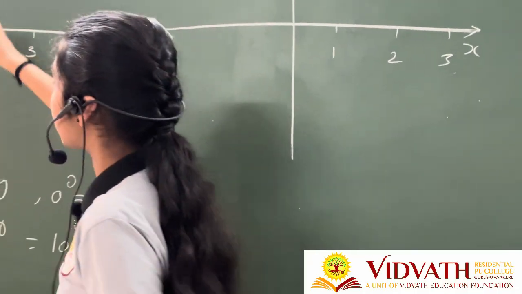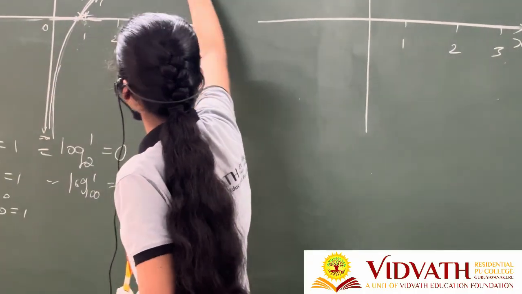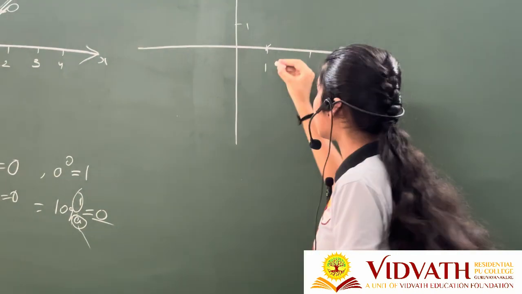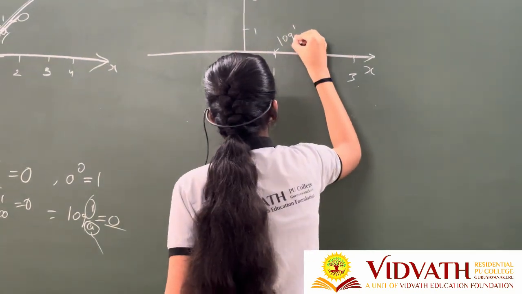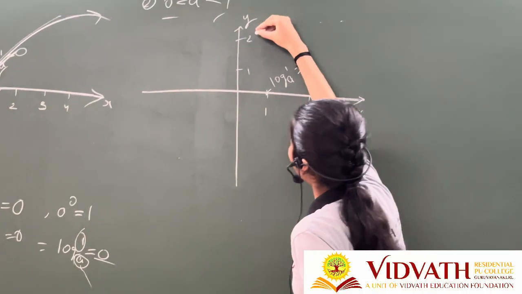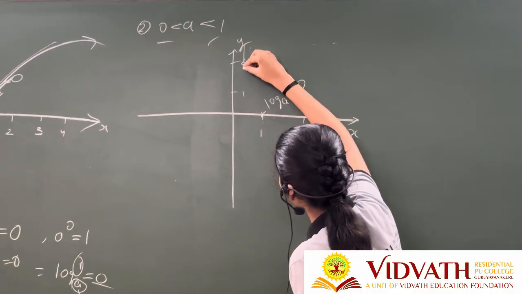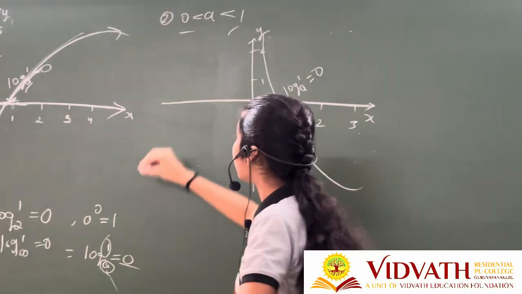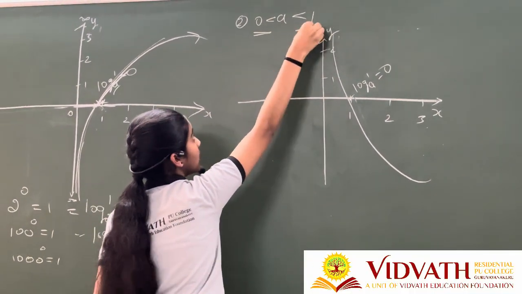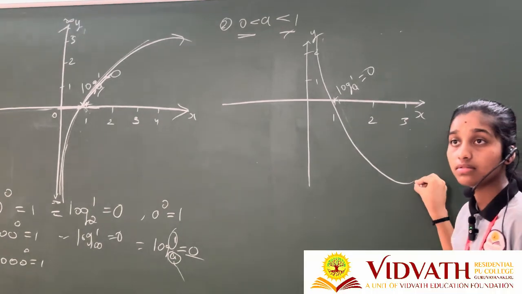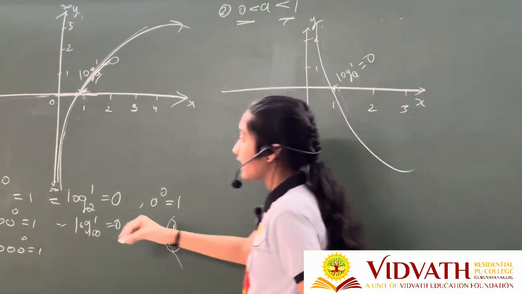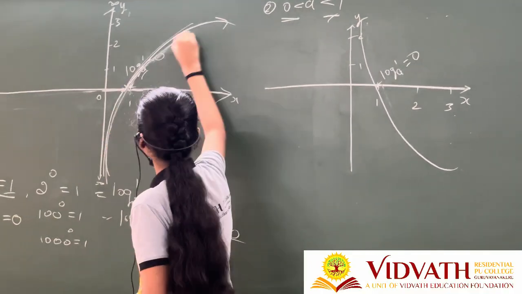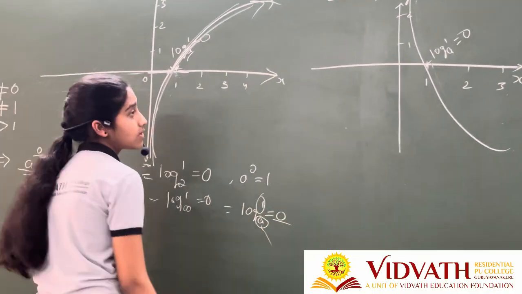Here, log of 1 also passes through this point, but it is a decreasing graph. Okay, got it? In the case of 0 to 1 it is always decreasing; in the case of greater than 1 it is increasing. Okay. Let's move on to the next topic.